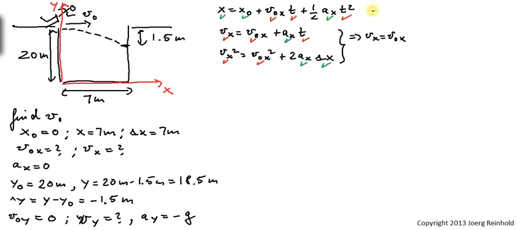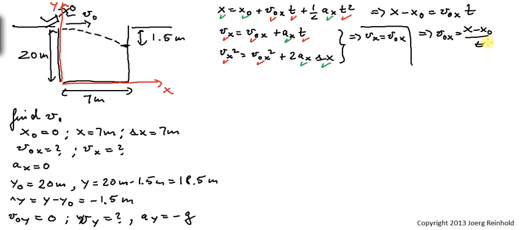From the first equation, now it follows that x minus x0 equals v0x times t, and from that it follows v0x equals x minus x0 over t.